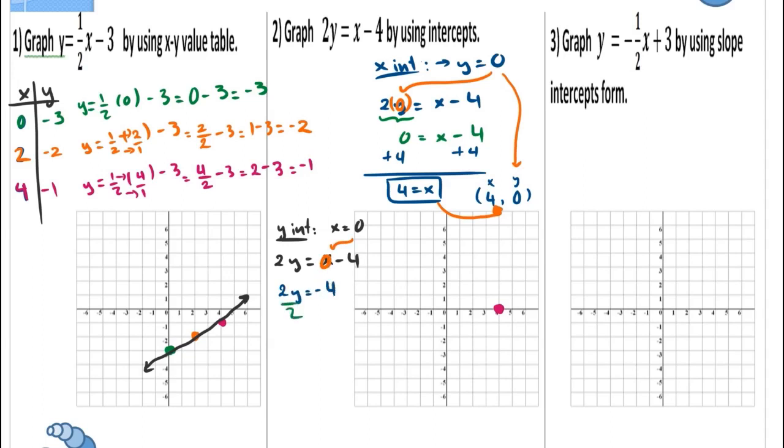And we divide by 2 on both sides. We have y equals negative 2. The point will be x is 0, y is negative 2. So (0, -2). Then we draw the line through those 2 points. And that's it for number 2.